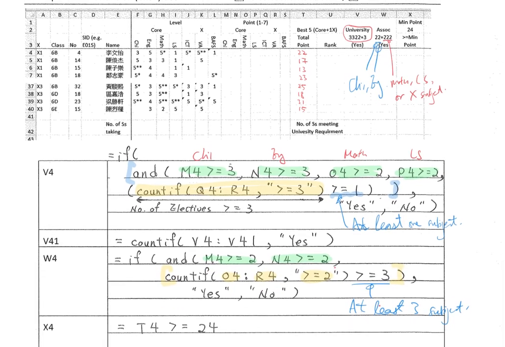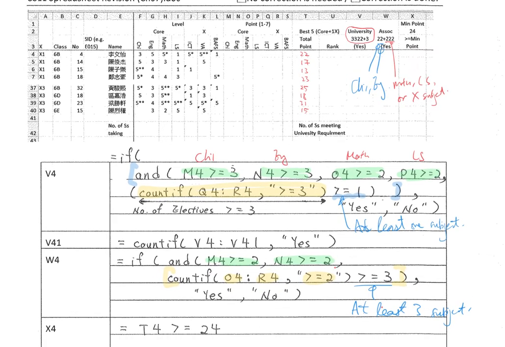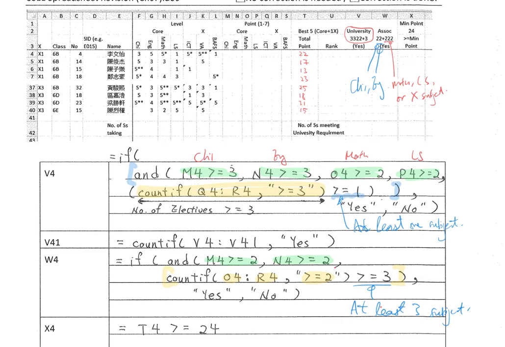And then lastly, the minimum point 24 means if he or she can get at least 24 points, then it will be yes. Because in our experience, if the student can get higher than 24 points and match the university requirement 3322 plus 13, then he or she has a high probability of getting into the university.